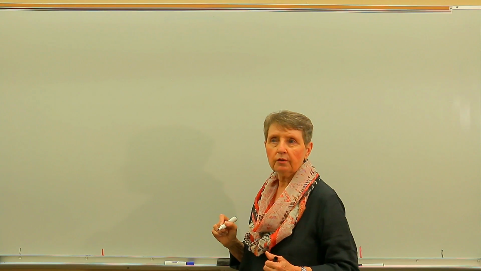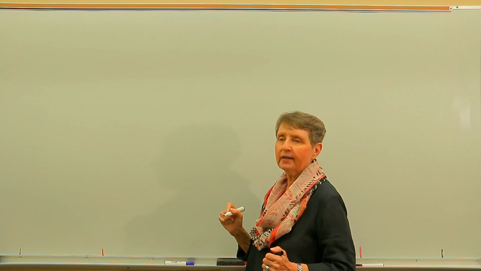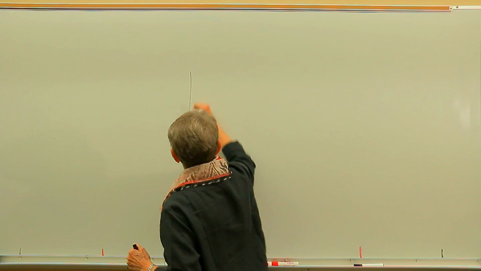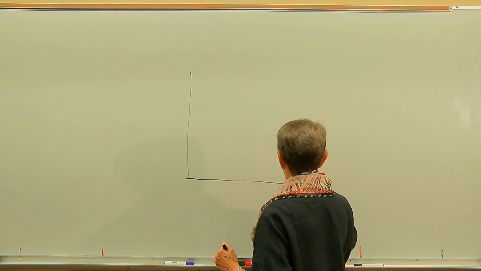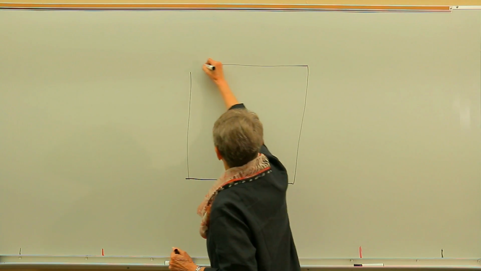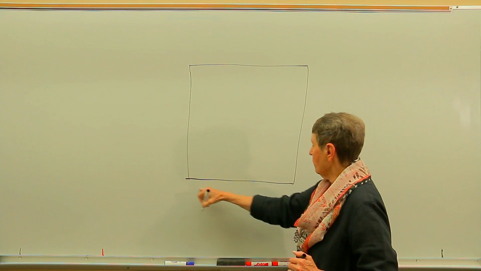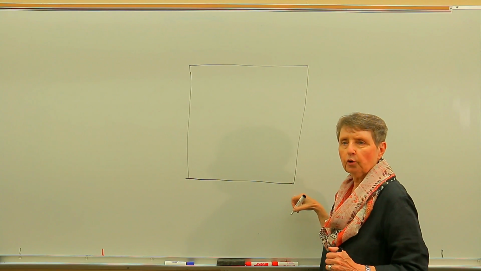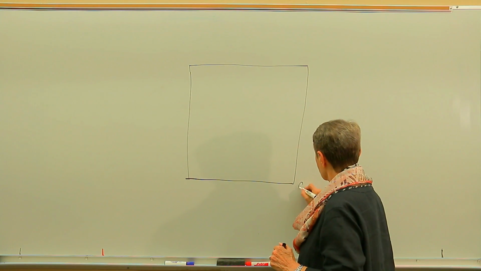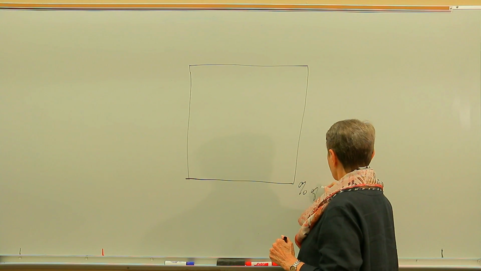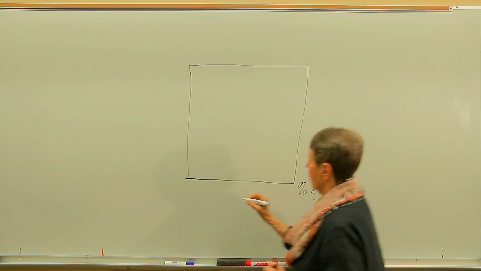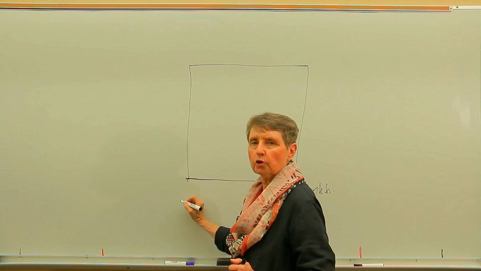So I'm going to use this device called a Lorenz curve. On the horizontal axis, I'm going to put percentage of households. And this is usually divided into quintiles.